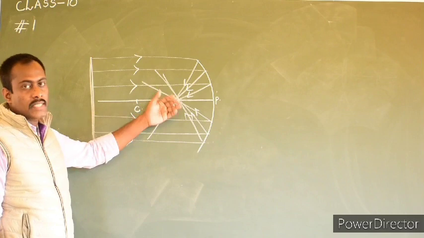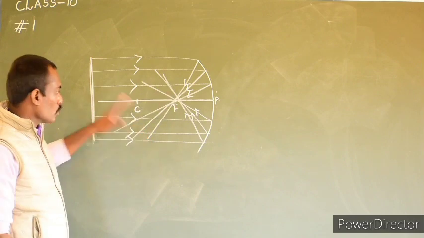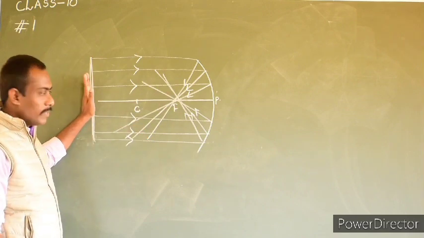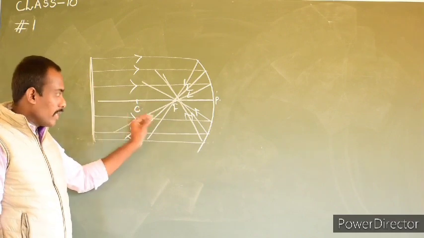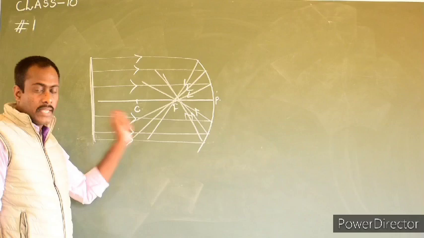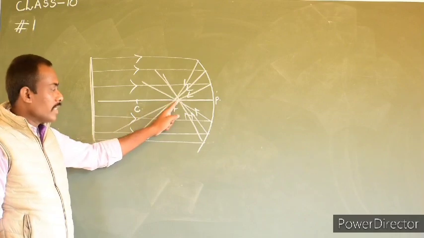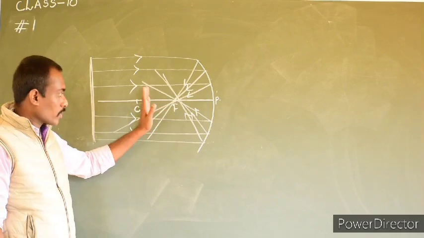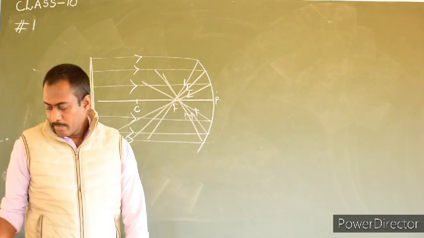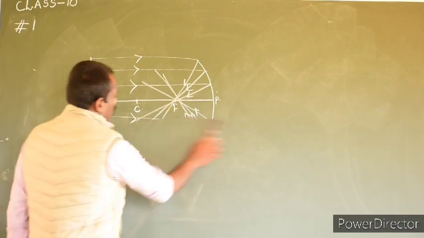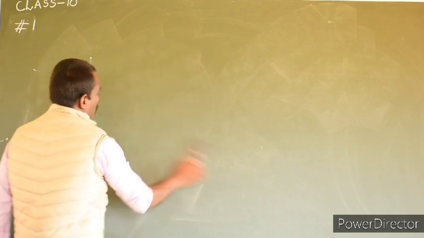A real image is always inverted. So when the object is kept at infinity, it produces a real image which is point in size, that means very, very small, and it is inverted. So the position of the image is where? At F.